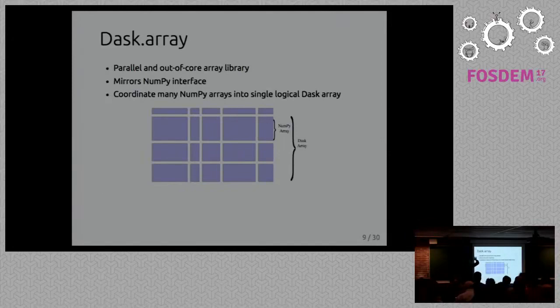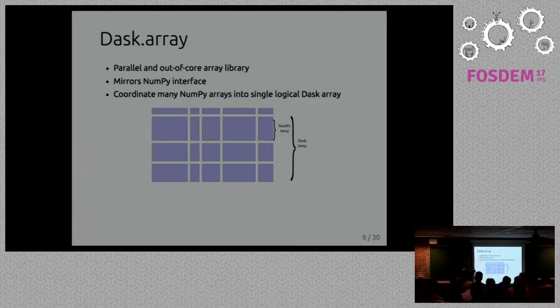So what is the idea? It provides some collections. For example, it provides Dask arrays. It tries to mirror the NumPy array interface, but under the hood, it's just a collection of many NumPy arrays that don't have to be in memory.